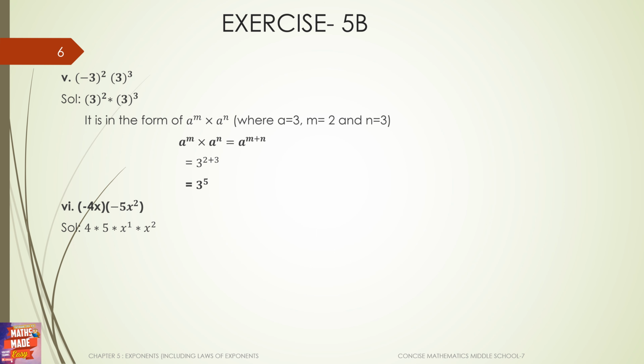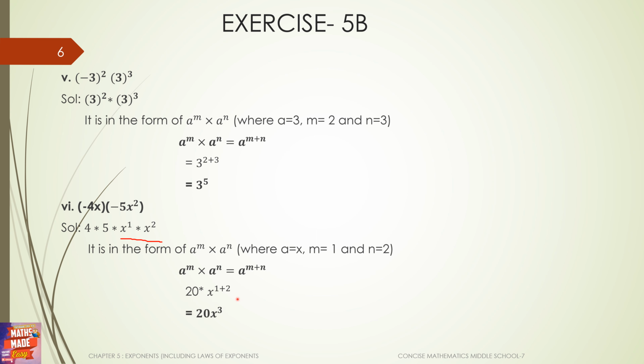Now if you look over here carefully, for this you can apply the formula, that is a to the power of m into a to the power of n, where a is equal to x, m is equal to 1, and n is equal to 2. We all know this formula, a to the power of m into a to the power of n is equal to a to the power of m plus n. Then what is this? 5 fours are 20 into what is a? X to the power of m plus n, that is 1 plus 2, that is 3. So 20 into x to the power of 3 is the answer.